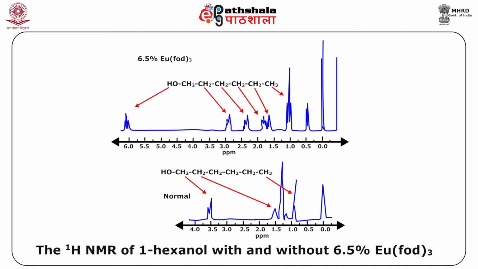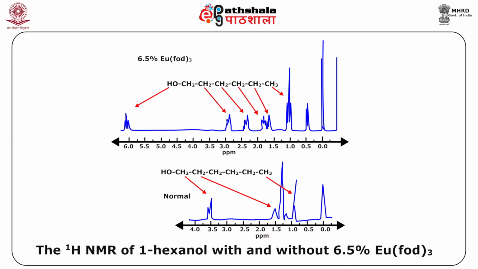On adding the shift reagent, the signals due to the methylene protons which are closer to the hydroxyl group are shifted downfield, that is towards the left hand side of the NMR spectrum, resulting in clearly observable signals.